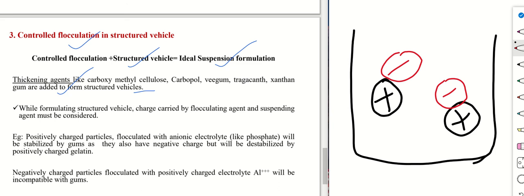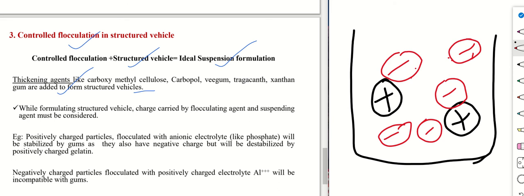In this strategy we make use of controlled flocculation and also a structured vehicle, like the addition of gums or polymers to improve the viscosity. The majority of naturally available gums are negatively charged. If we add negatively charged gums, it's fine. We should make sure that the electrolyte and gum concentration do not exceed the optimum concentration.